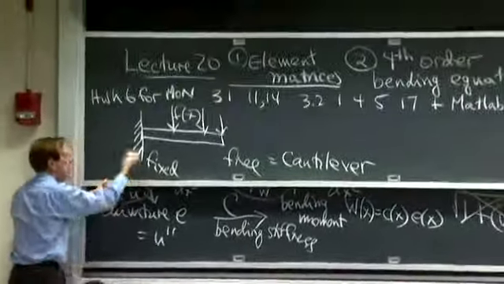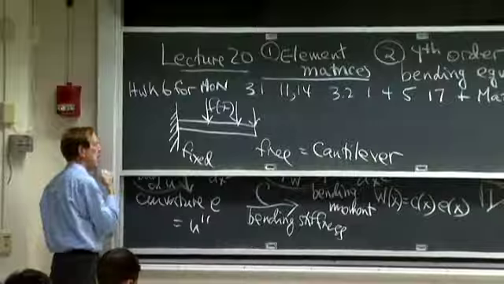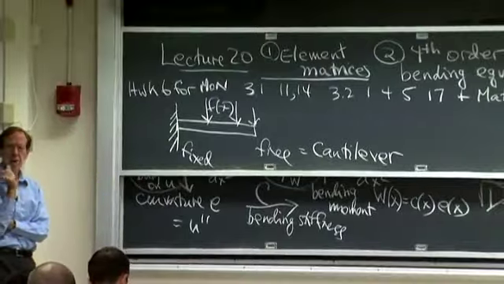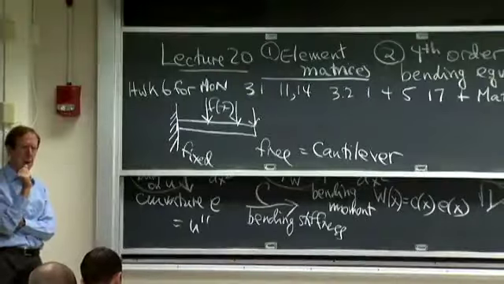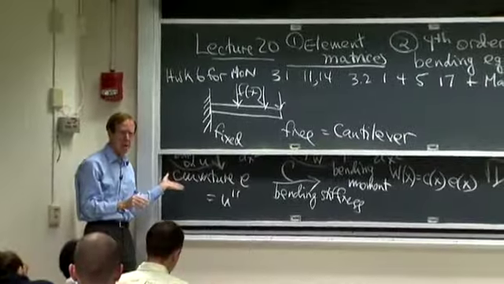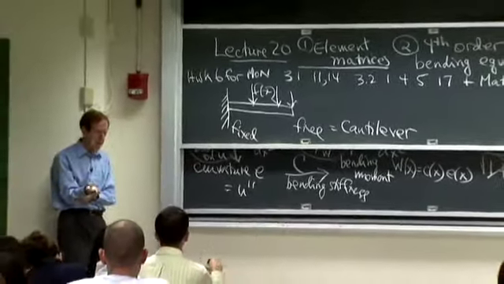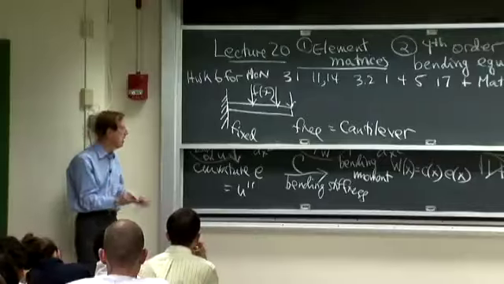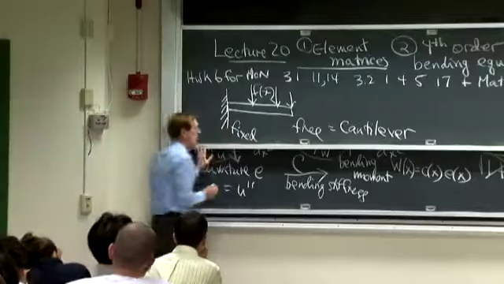While we're at it, what do you think is the boundary condition here? And how many boundary conditions am I going to look for altogether? 4 altogether, because I have a 4th order equation. There will be 4 arbitrary constants until I plug in boundary conditions. So I'm looking for 4 boundary conditions, 2 at this end, 2 at that end now.